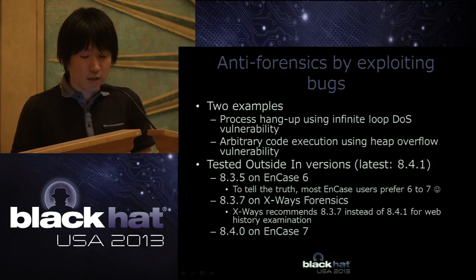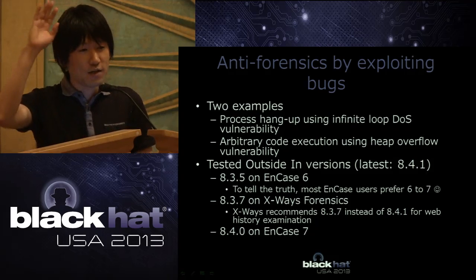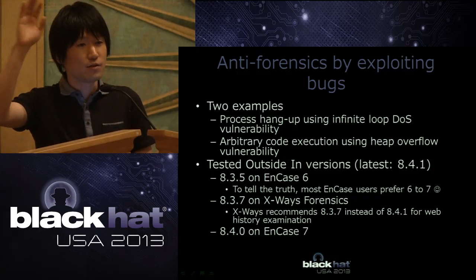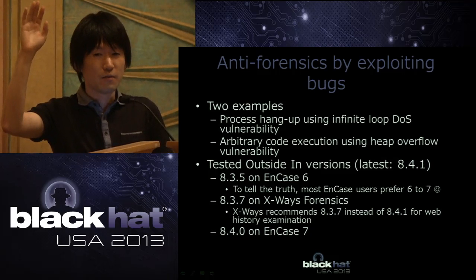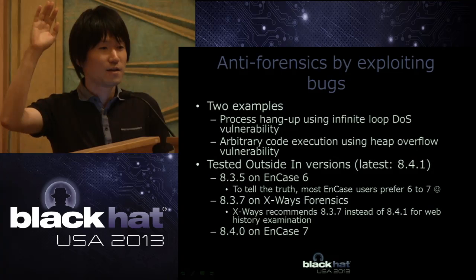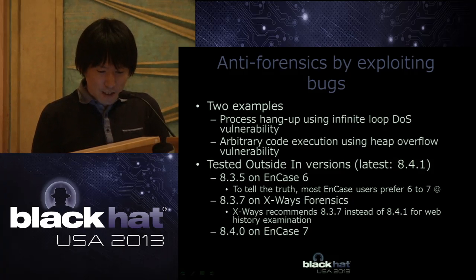Practically, there are two versions of EnCase, version 6 and version 7. I think most EnCase users prefer 6 to 7, correct? Could you raise your hand if you do forensic investigation using EnCase? Oh, and mainly use version 6? Okay, most people.